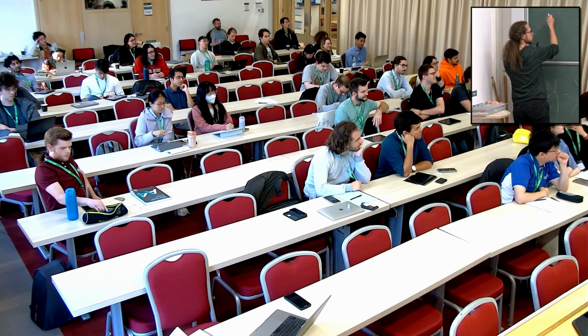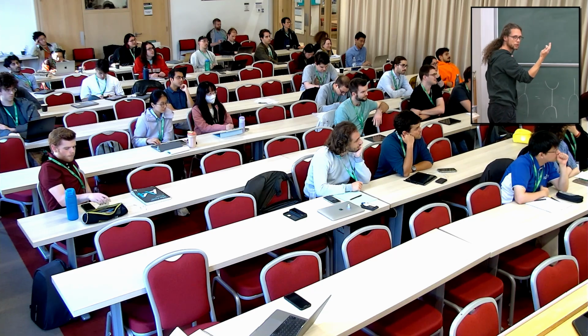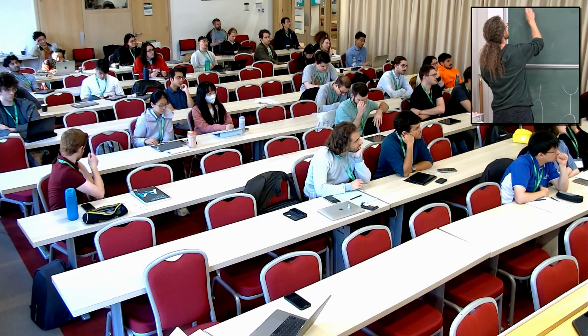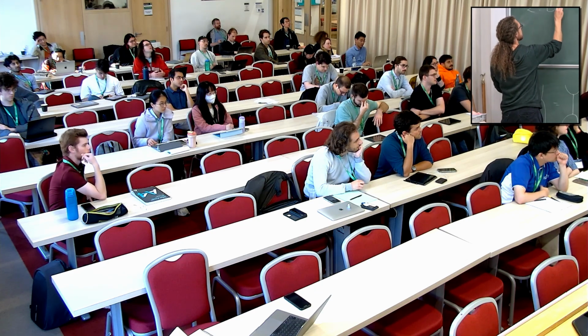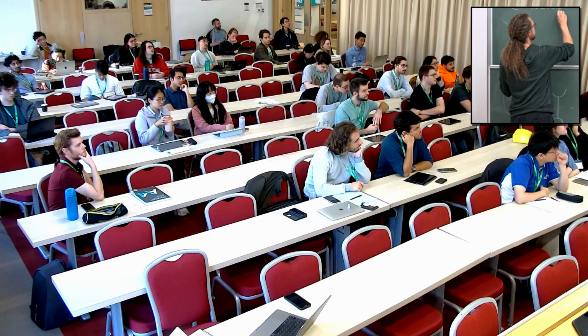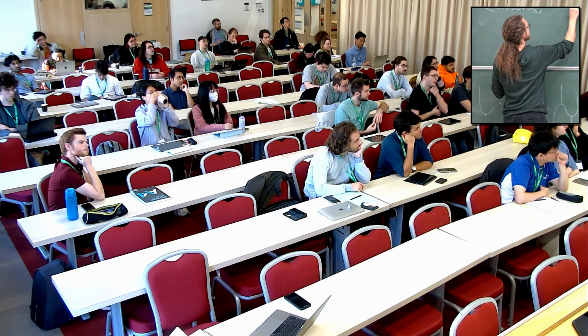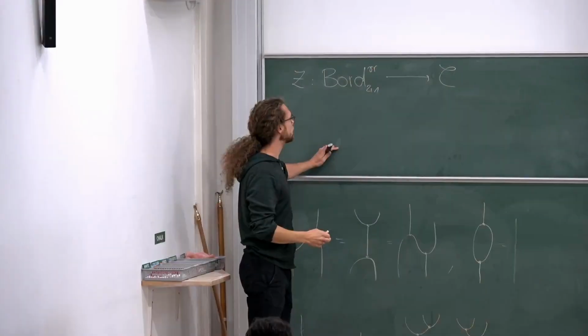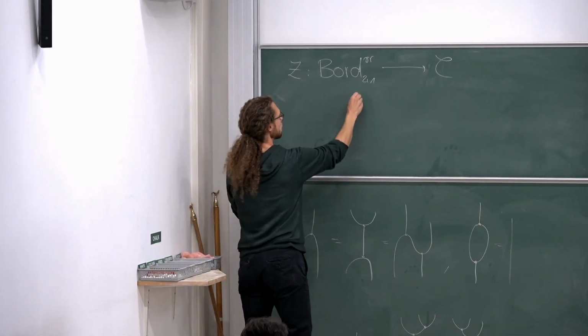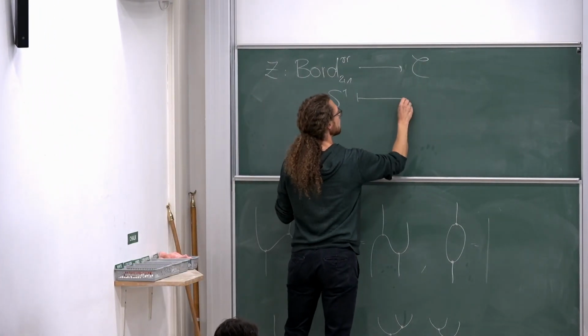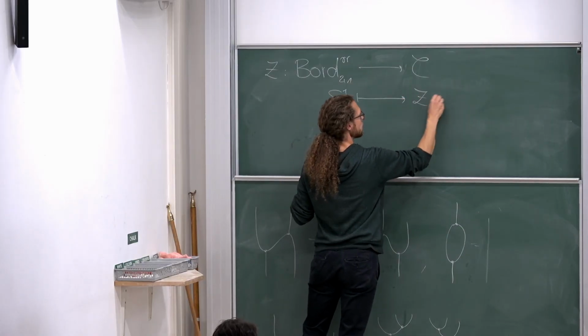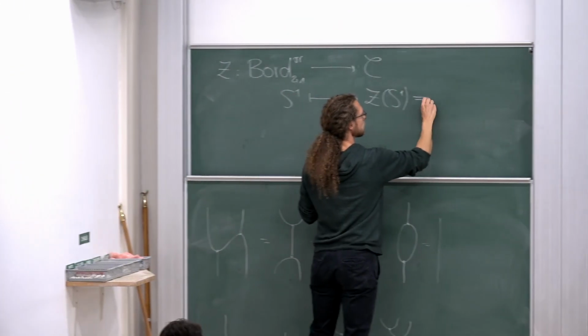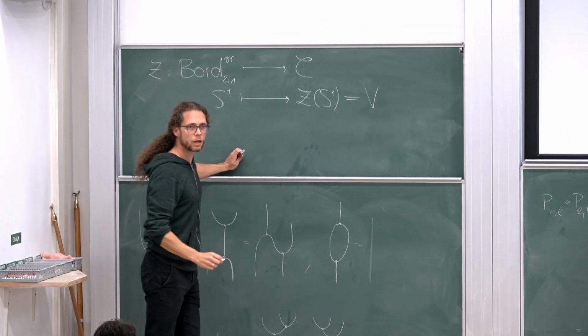So I think you're talking about a closed TQFT, right? Yeah. I just want the disk to generate states on a circle. I think that's not enough. Let's do this. Maybe Vect. And then in particular, S1 is sent to Z of S1, call it V as before.